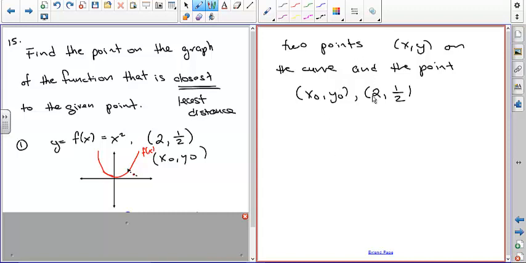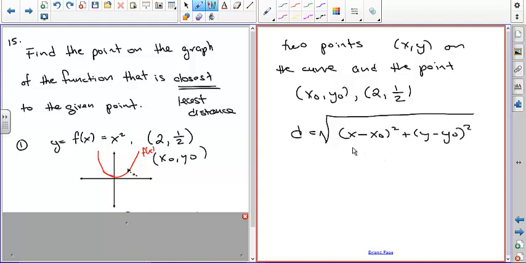If we want to find the distance between these 2 points, you'd use the distance formula. Distance is equal to the square root of (x minus x0) squared plus (y minus y0) squared. You've seen the distance formula forever. And this is what we're trying to minimize, the distance.